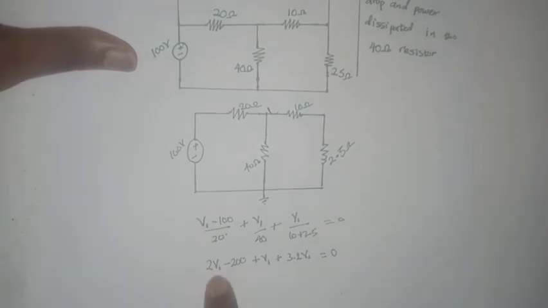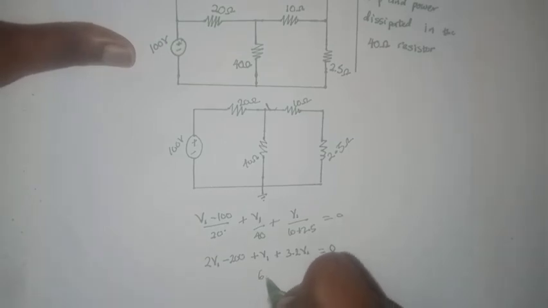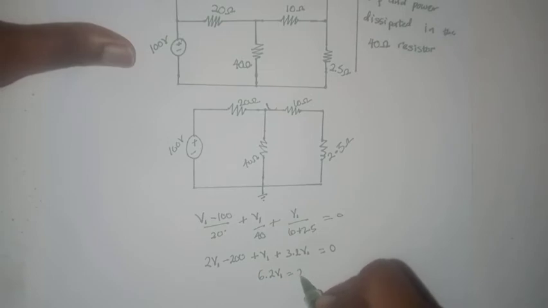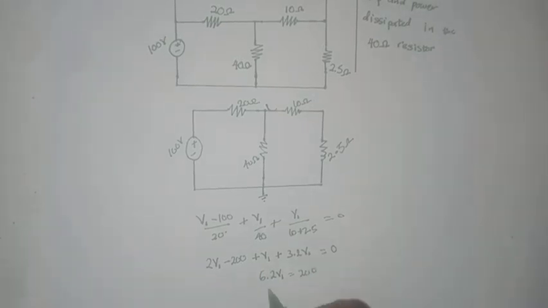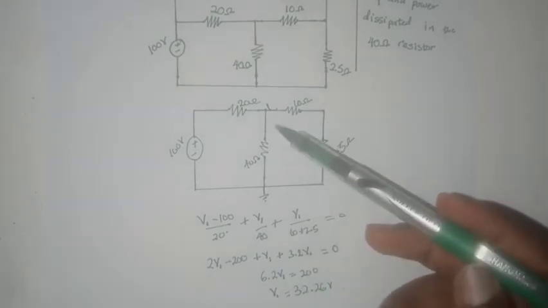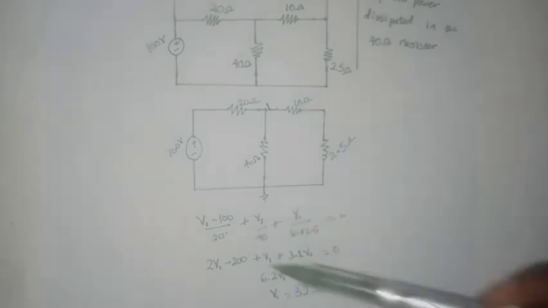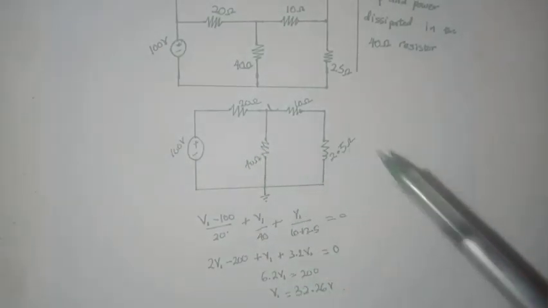Then we'd have that 6.2 V1 equals 200, and V1 equals 32.26 volts. This is the voltage across the 40 ohm resistor due to this power source.